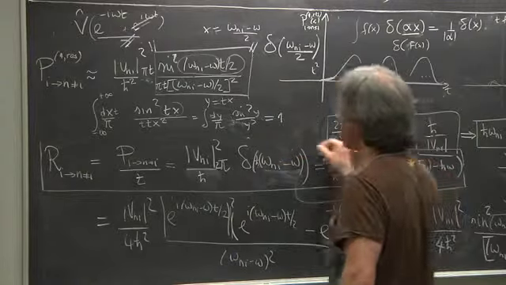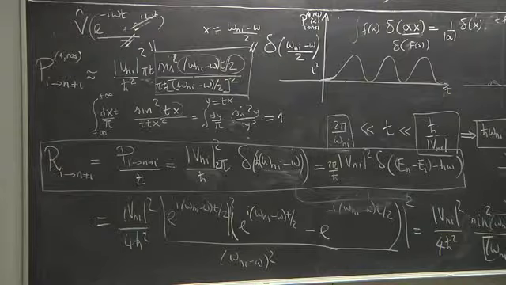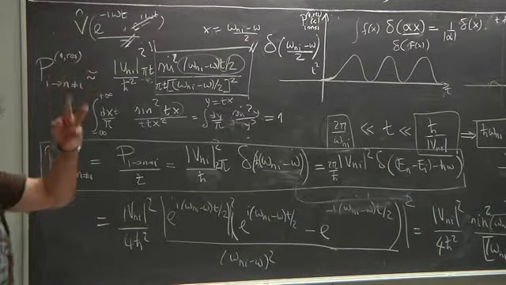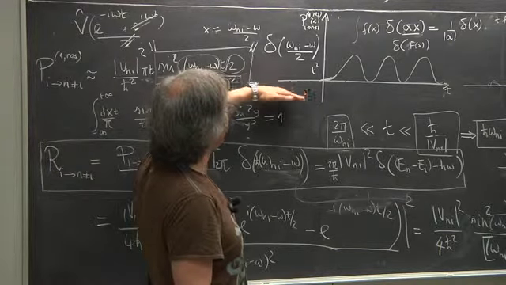It allows you to calculate rates for processes to occur in the lowest order in perturbation theory. It is really useful when the spectrum is very, very dense. Okay? So the En, after all, might be very, very dense.